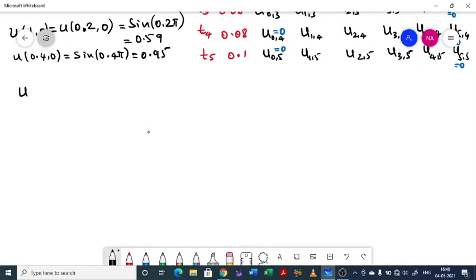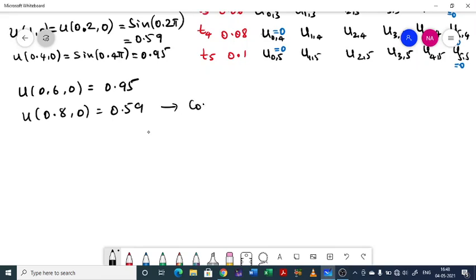So u of 0.6, 0 will be 0.95 again. U of 0.8, 0, it will be 0.59. So this completes first row.